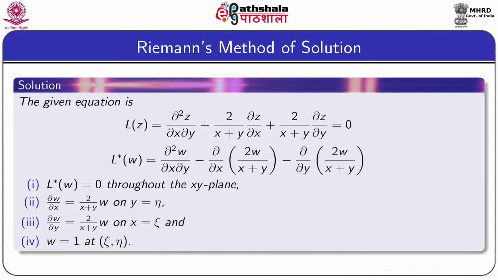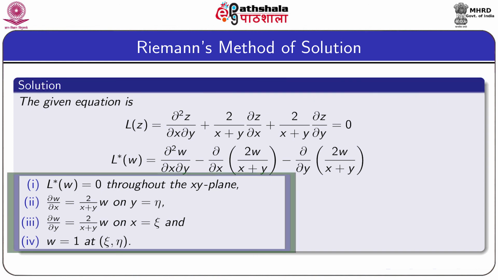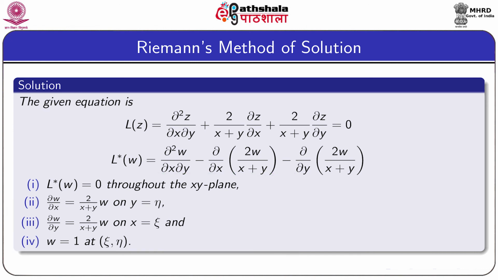Now, the Green's function for this equation will satisfy these 4 conditions: L star w equals 0 throughout the xy plane, ∂w/∂x equals 2/(x plus y) times w on y equals eta, ∂w/∂y equals 2/(x plus y) times w on x equals xi, and w equals 1 at (xi, eta).